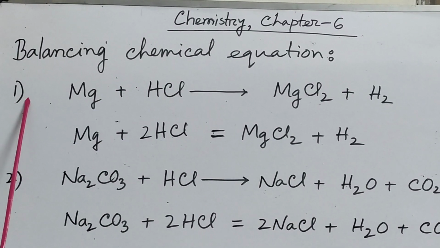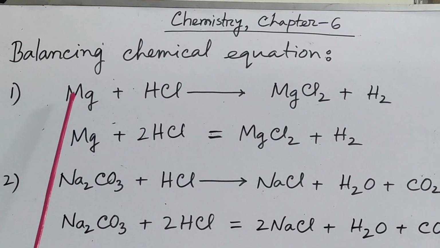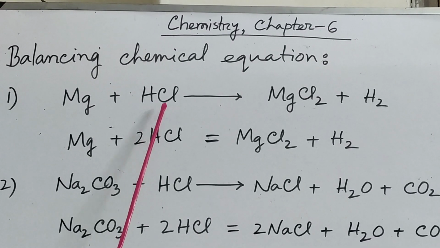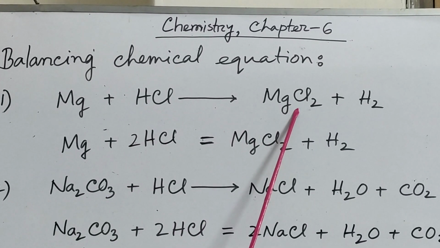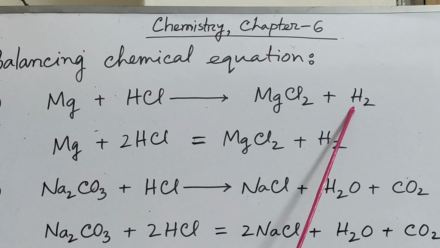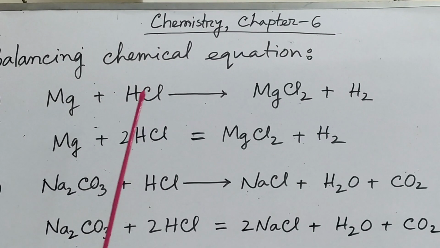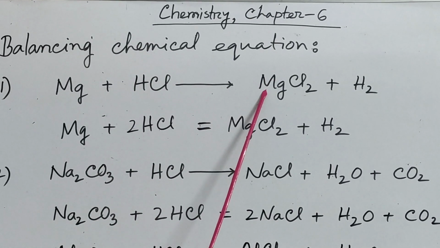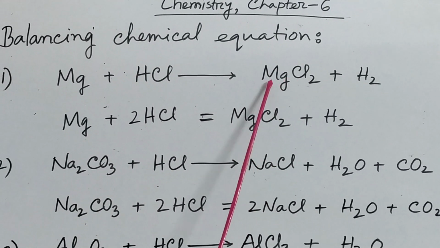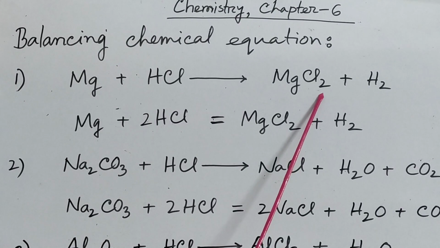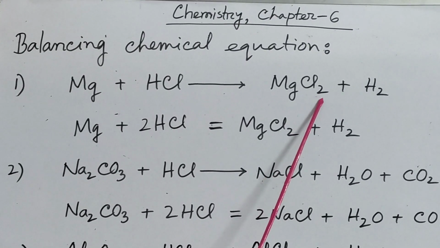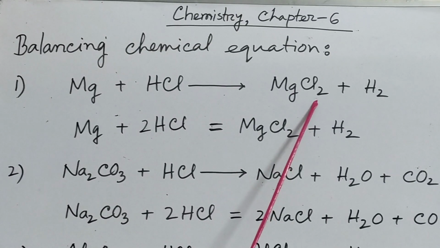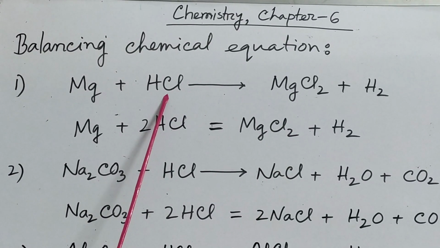So all of you see that number 1, I have written magnesium reacts with hydrochloric acid to produce magnesium chloride and hydrogen. Okay, now in this reaction, here the valency of magnesium is 2, so it is MgCl2. The number of atoms of chlorine is 2, but here chlorine is 1.